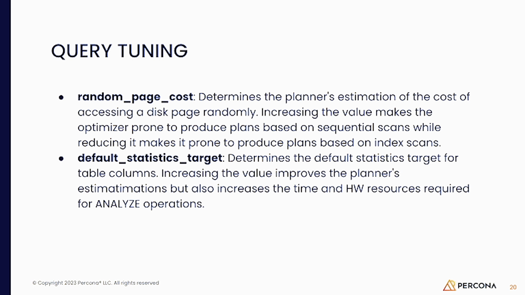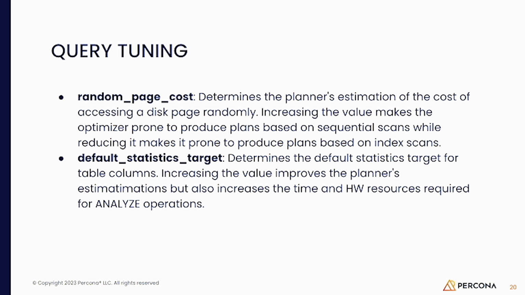The random page cost relates to the disk speed. So, for example, for 15K RPMs, the seek time could be something between 3 and 5 or 6 milliseconds, right? It's the performance of the disk.